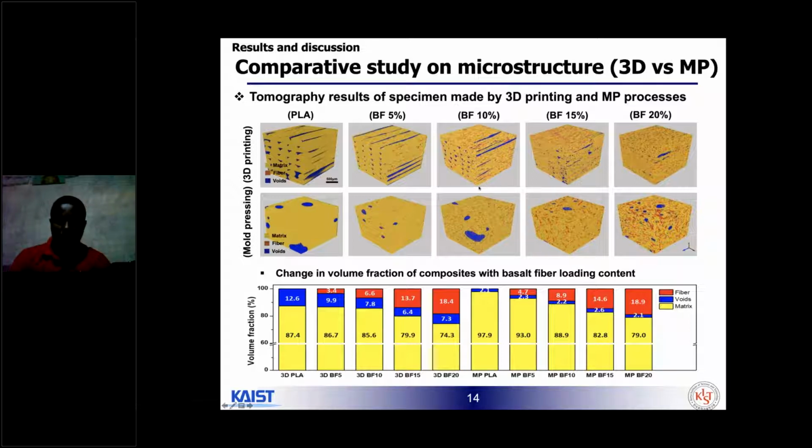One reason is that the fiber can effectively prevent die swelling effect during 3D printing. Another important reason is related to the high thermal conductivity of the fiber. It can give a positive effect on void elimination. On the other hand, in the mold process sample, the appearance of void was unpredictable, and voids were randomly distributed throughout the system.